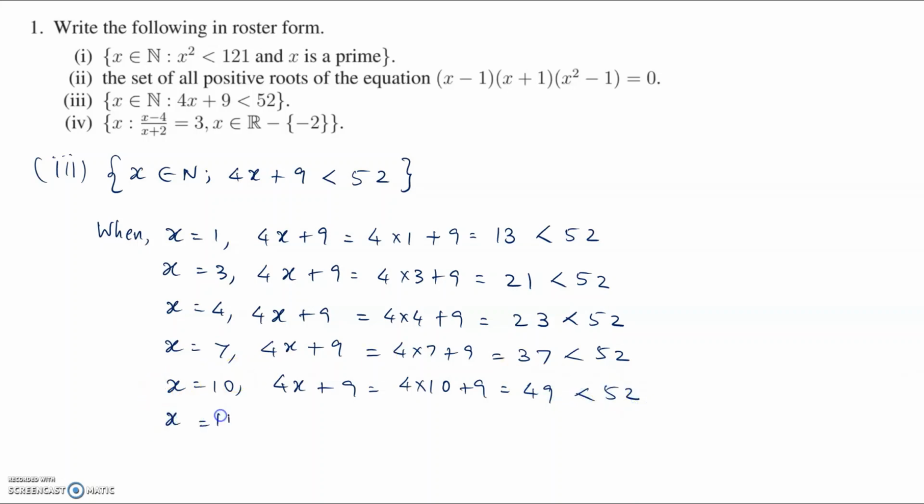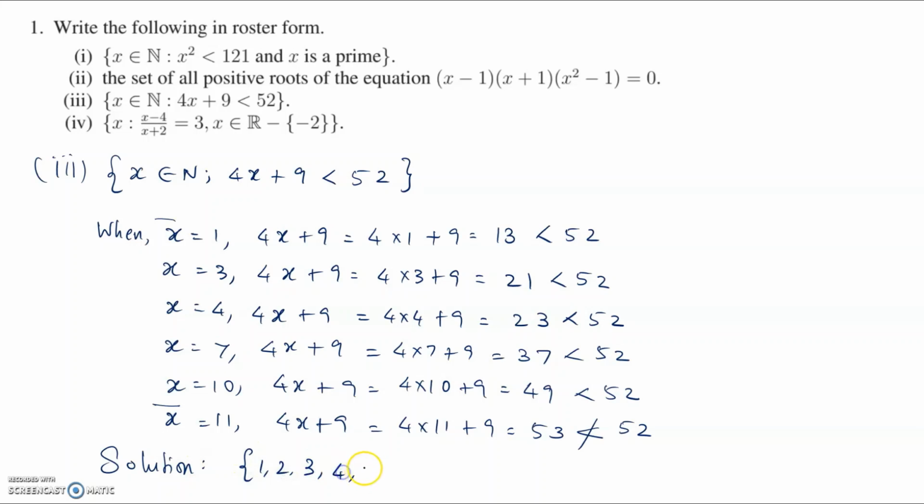If we take x is equal to 11, then 4x plus 9 will be equal to 4 into 11 plus 9, which is 44, plus 9, that will be 53. And 53 is not less than 52. Therefore, your solution is natural numbers from 1 to 10. So the solution is 1, 2, 3, 4, 5, 6, 7, 8, 9, and 10.